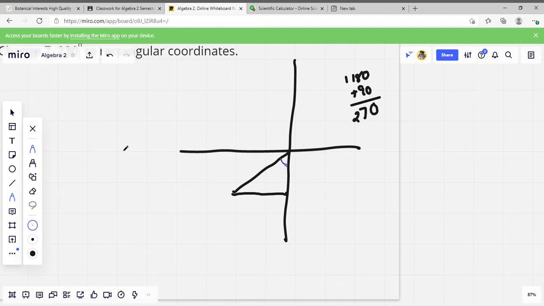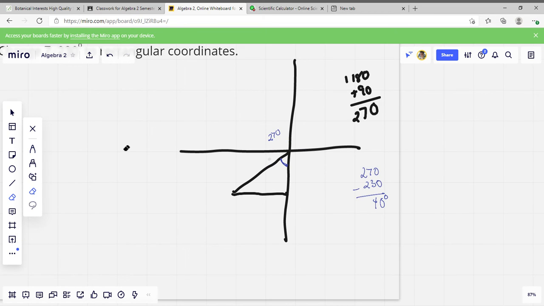Okay, so that would be 270 minus, what's our angle? 230. So if all the way around is 270, and our part is just from here to here, right? Whatever's left is going to be this little angle. So we're going to say 270 minus 230. And we're going to get 40 degrees.